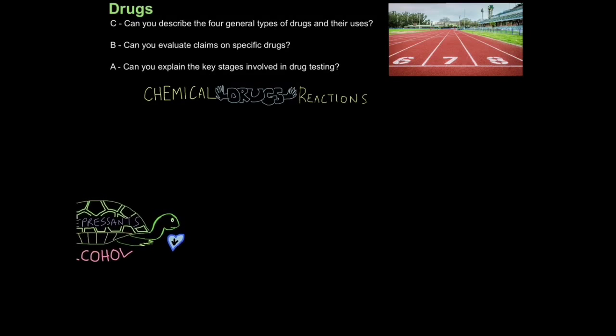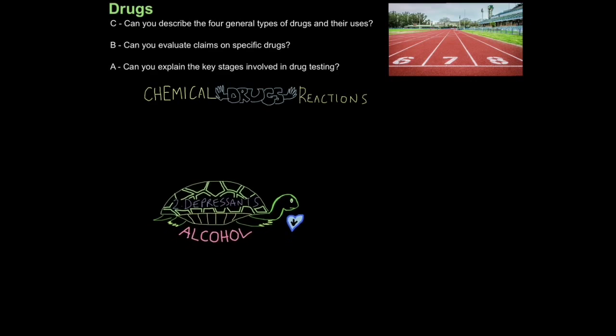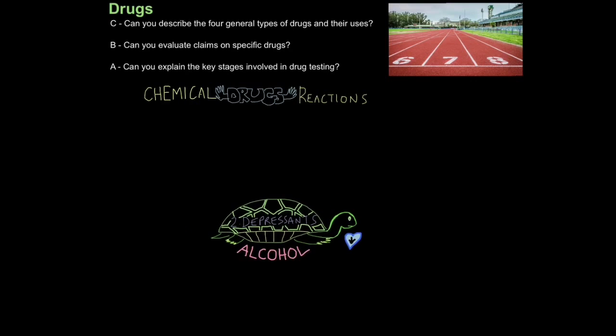Now, on the complete other end of the spectrum, we have the depressants, which slow everything down. By that, I mean the speed of your reflexes decreases, your heart rate drops. They don't necessarily make you emotionally depressed, but they certainly decrease how quickly your body reacts to certain stimuli. The most common example of a depressant is alcohol.